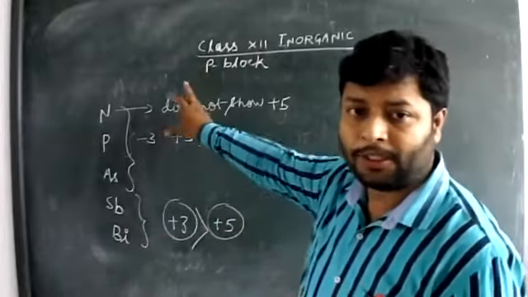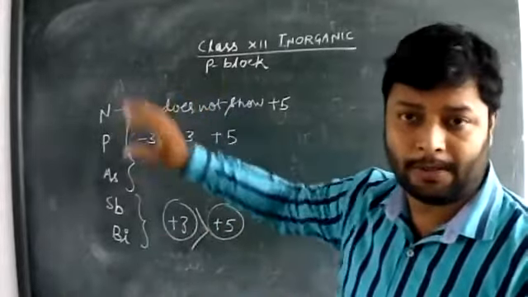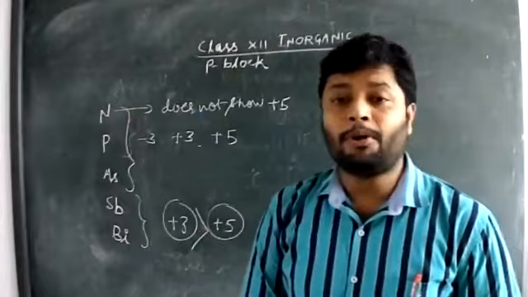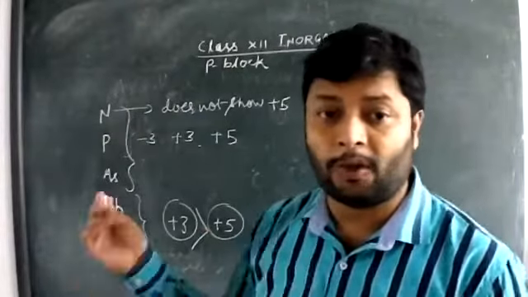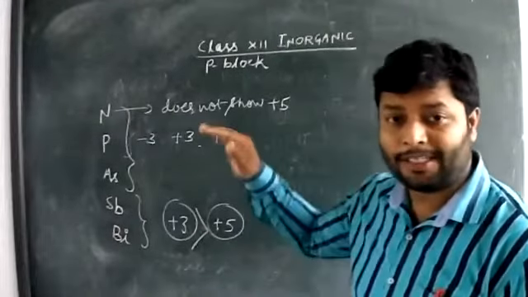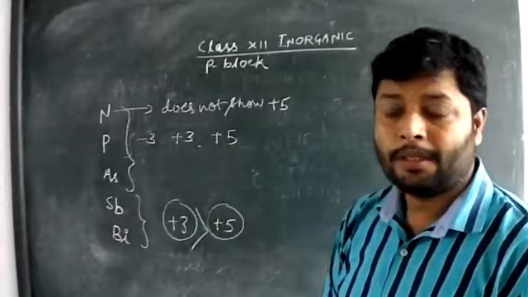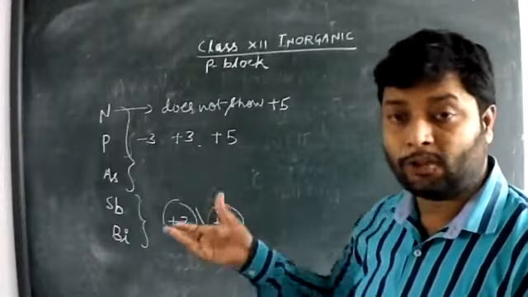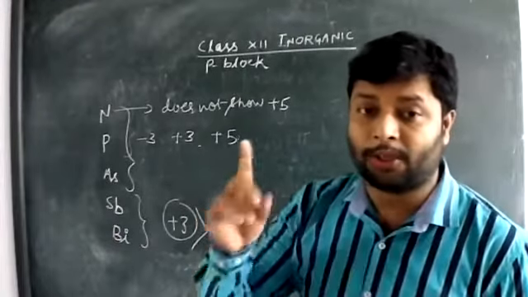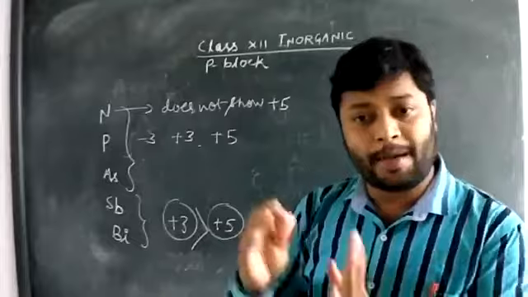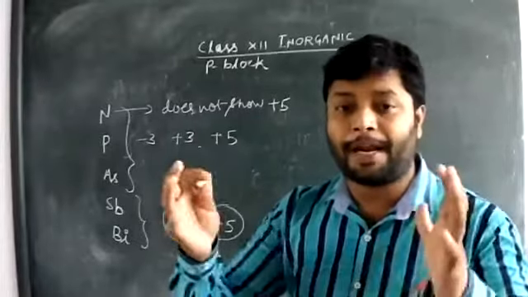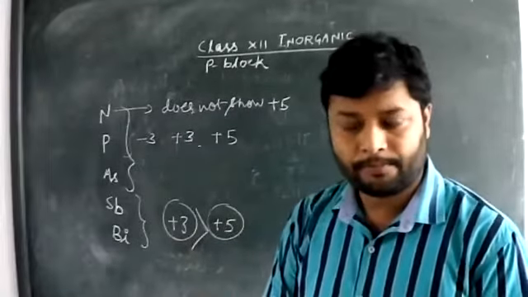In the case of nitrogen, -3 is more stable because of the most non-metallic property in the group. But when we move towards phosphorus and arsenic, +3 and +5 also become more stable compared to nitrogen because of the availability of d orbitals, so they can expand their octet.